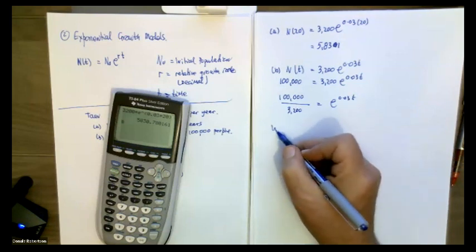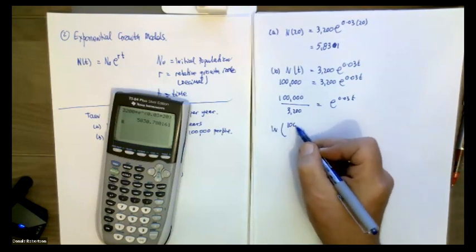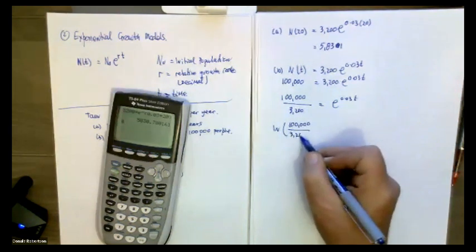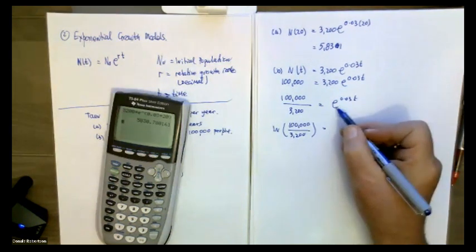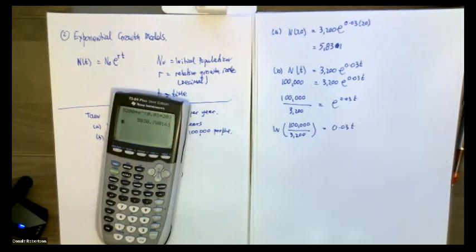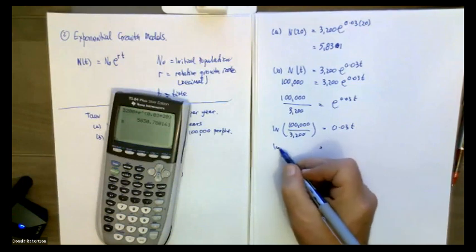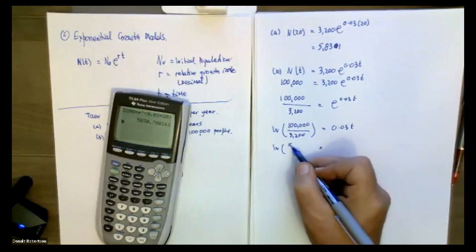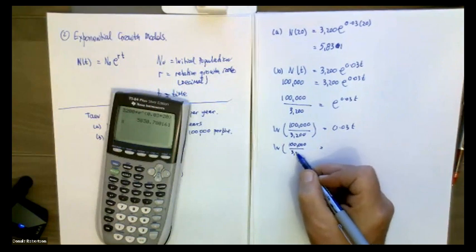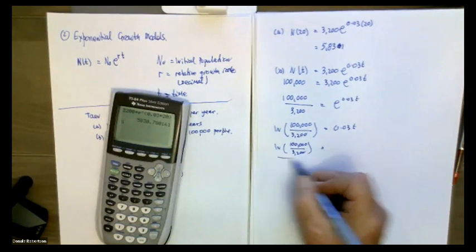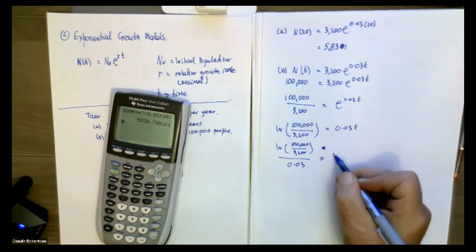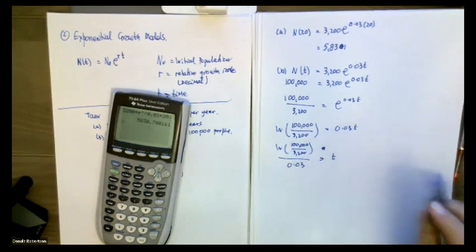Then you're going to take the natural log of both sides. And the natural log of this is 0.03t. I want to save a line of working. And then I'll divide both sides by 0.03. And that is going to be our answer.